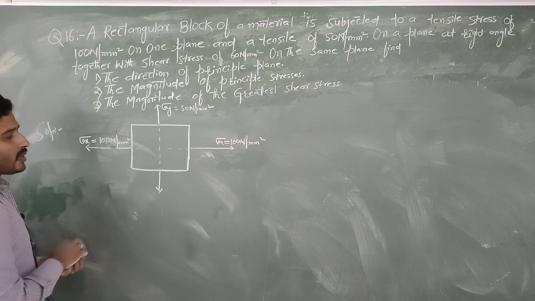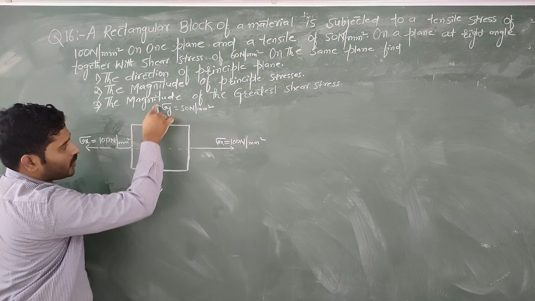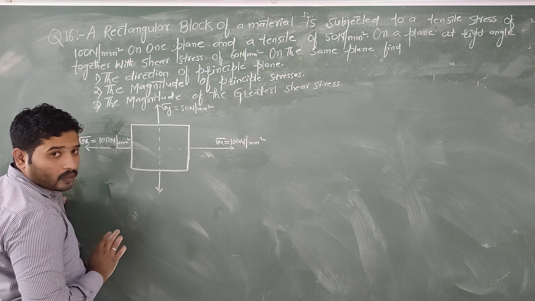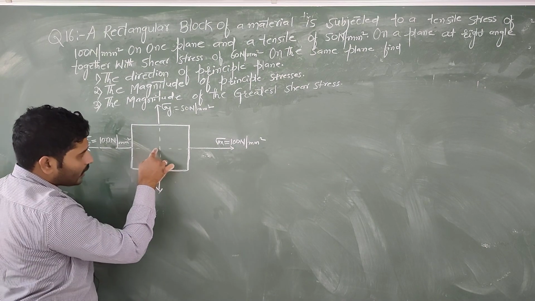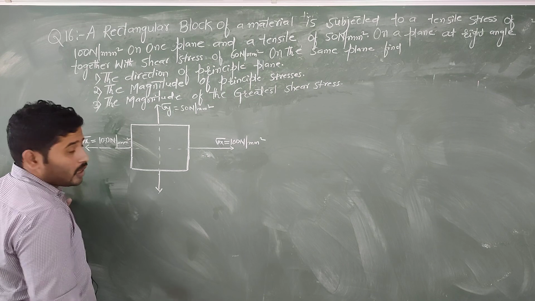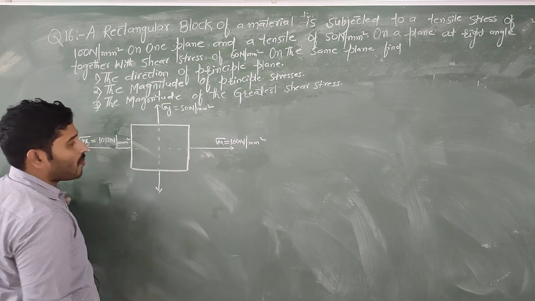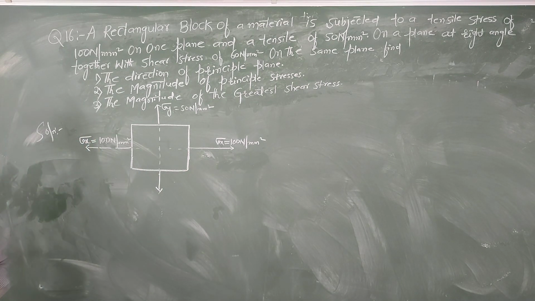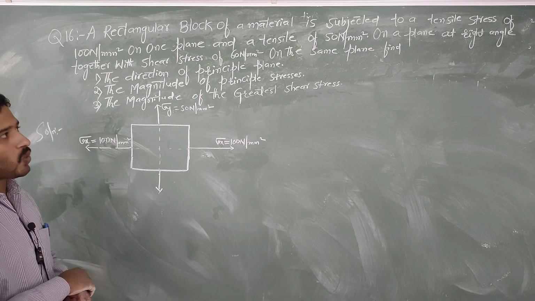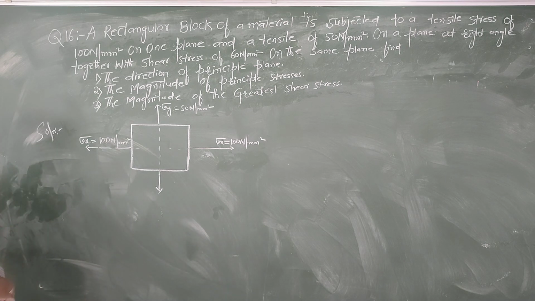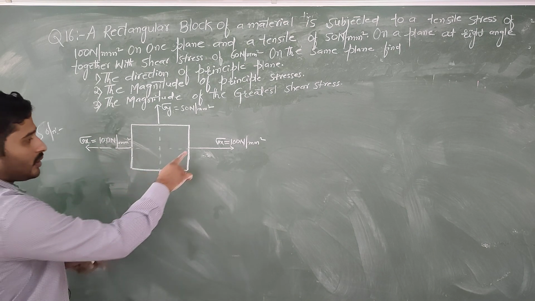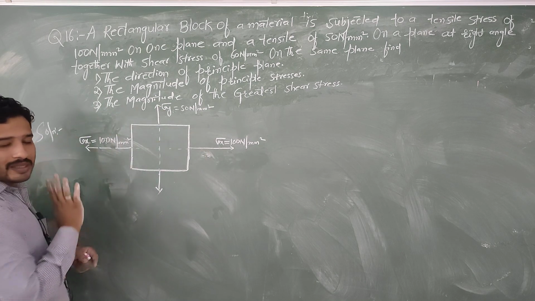This means sigma x is perpendicular to sigma y, because they make an angle of 90 degrees between x and y. So we say it is a right angle, together with the shear stress of 16 N/mm² on the same plane.